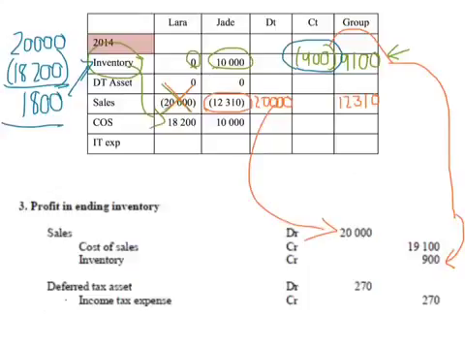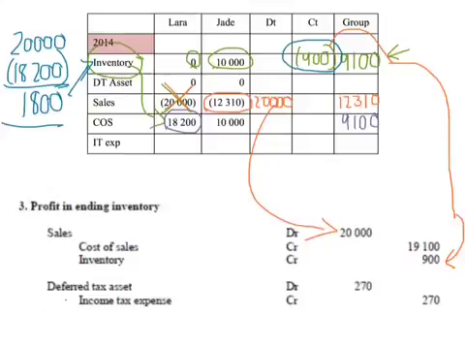adjusting entry on consolidation. If we look at the cost of sales from a group perspective, it should have been half of the original cost of the inventory, which was 18,200, because half of that inventory was sold. So from a group perspective, we want a cost of sales of 9,100. Recorded in the parent company was 18,200 when they recorded the full sale of the inventory to the subsidiary.